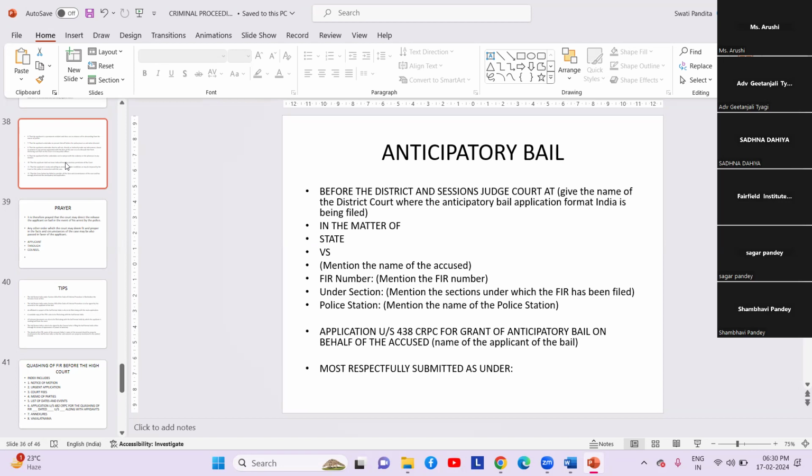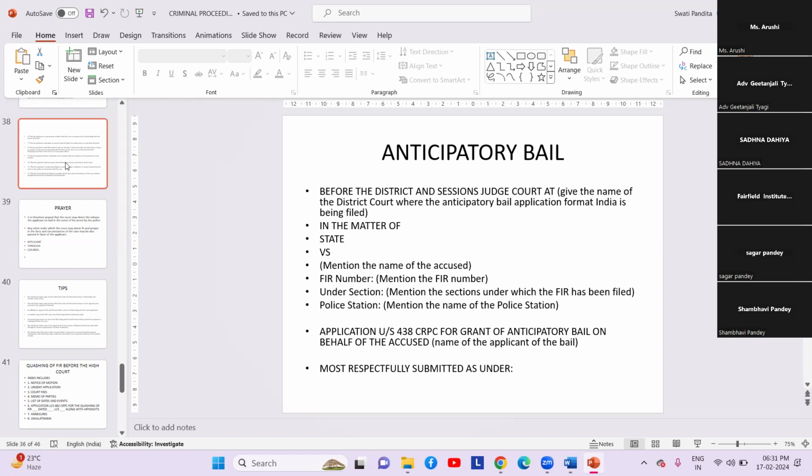So you will be very specific while drawing a quashing petition. You will say that there is no grievance left between the parties. They have amicably settled their matter, with no coercion and under no influence. You have to specifically write these points also.